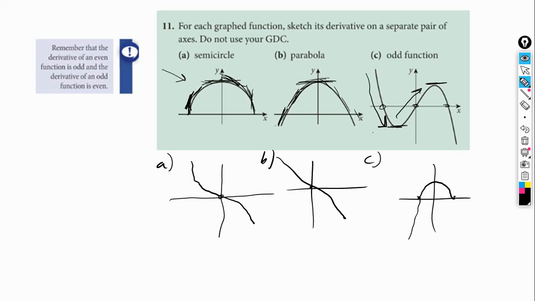Because it has to come back down to 0. So this represents those positive slopes that we would find in this part here. It gets down to 0, and then after that, it goes negative. So here we have a parabola, and it is symmetric with respect to the y-axis, or even.